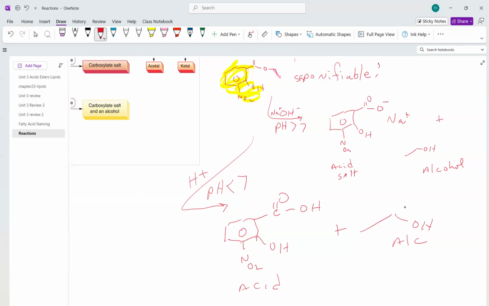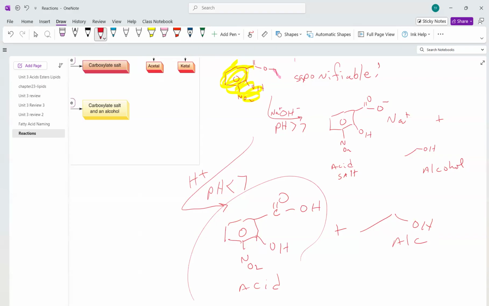You can guess what the name of this guy is. Well, it's benzoic acid, the base. And we've got two branches off the benzoic acid, a hydroxyl group and a nitro group.